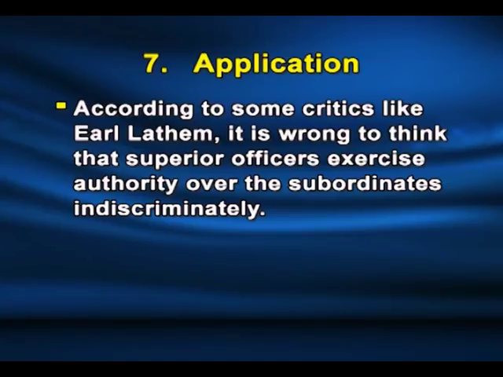Applications. Before we close the discussion on this principle, let us examine whether authority is exercised through the principle or not. According to some critics like Earl Latham, it is wrong to think that superior officers exercise authority over the subordinates indiscriminately.